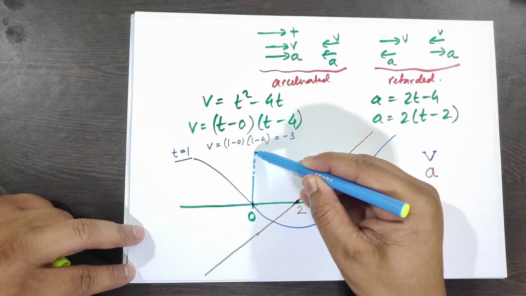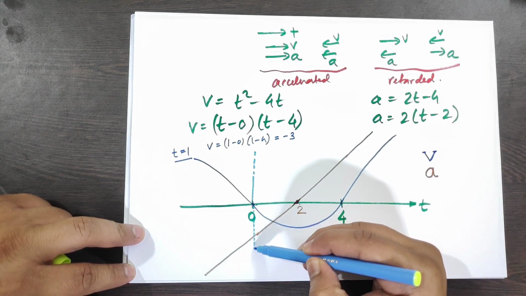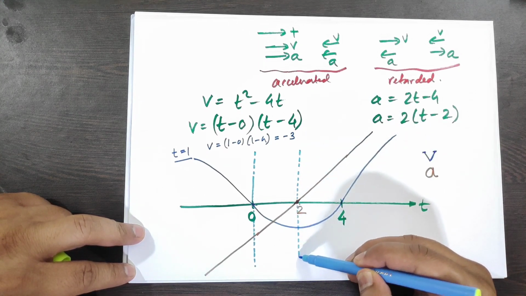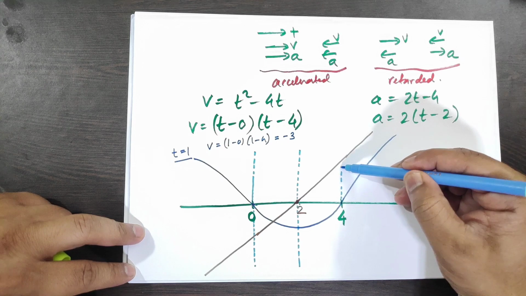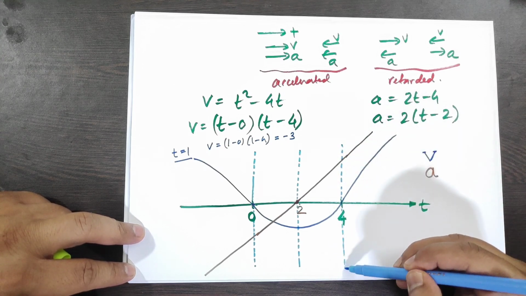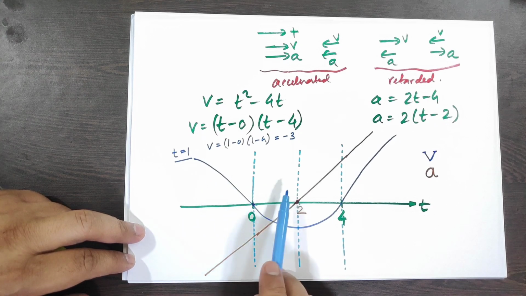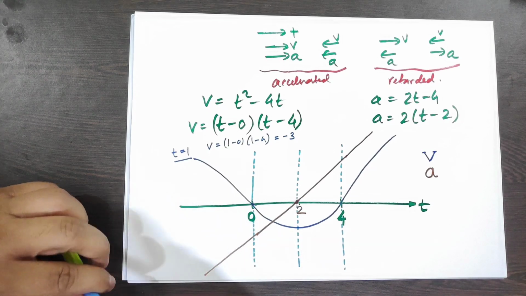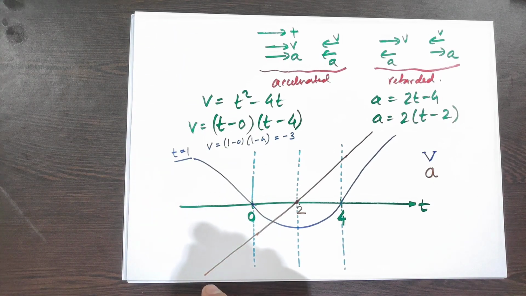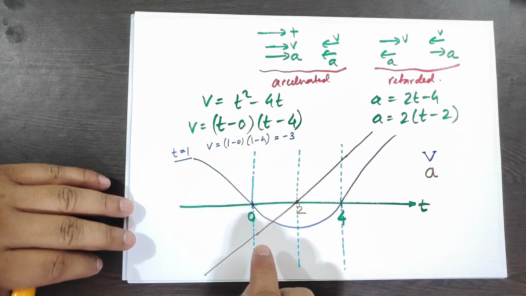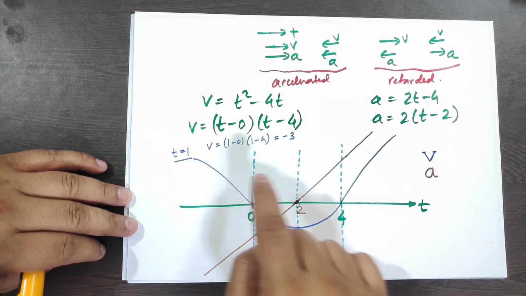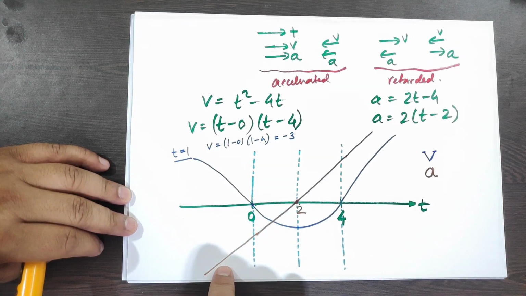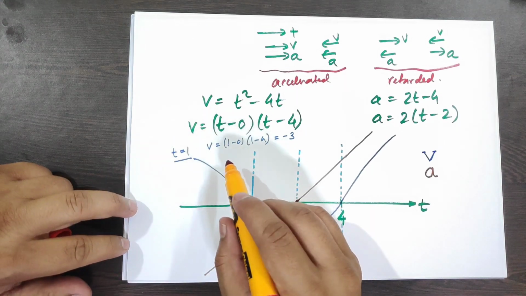Say this is one interval. So we have divided actually into 4 intervals: less than 0, 0 to 2, 2 to 4, and beyond 4. So let's check it here. In this interval less than 0, V is positive, this blue one for V and brown for A. So V is positive and A is negative, so that is retarded.